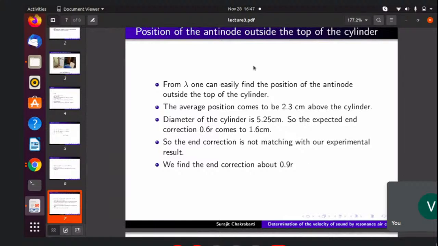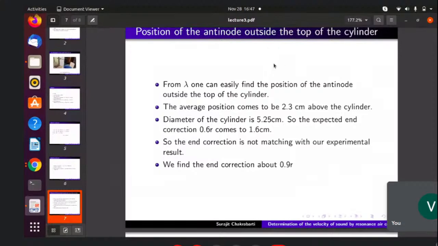Here my diameter of the cylinder is about 4.5 centimeter, but the wavelength is only 17. But in those days, people were using a 5 or 6 centimeter diameter cylinder with a wavelength of about 100 centimeters. So this was about 4%. But here my 4.5 centimeter diameter, as against a wavelength of 1 foot, comes to about 33, 34%.